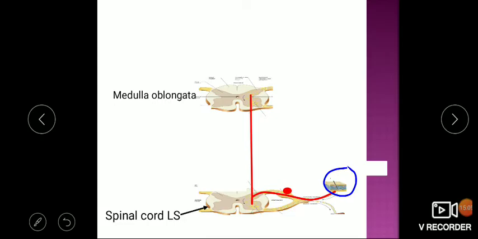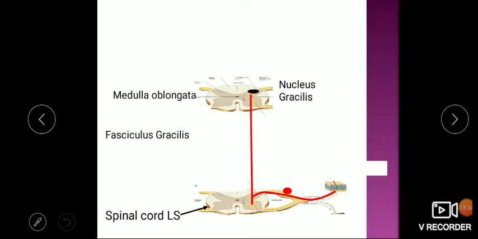This is the first order neuron, but you can see without crossing or taking a synapse, it is going up to the medulla oblongata on the same side posteriorly. It is now making a synapse with one nucleus present in the medulla oblongata, called the nucleus gracilis. That's why this tract is labeled as the fasciculus gracilis.